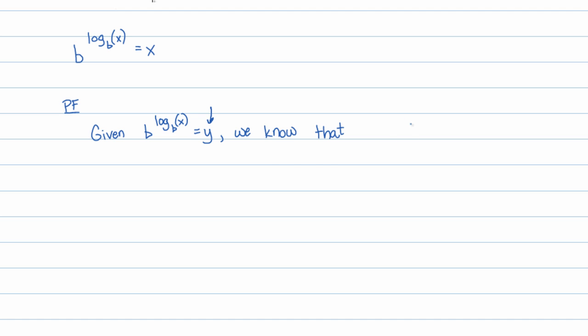These are just variables. I have no idea what they equal, right? We know one thing. I'm going to use different letters here. We know that c raised to the d power is equal to t implies that log base c of t should equal d.